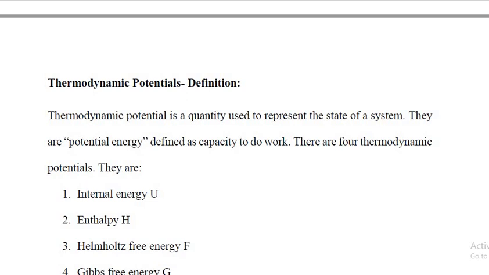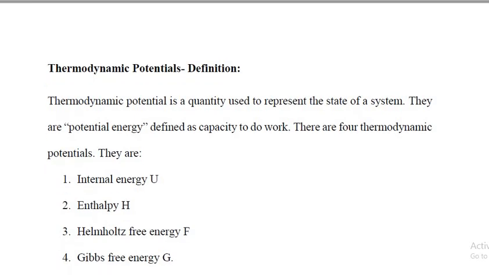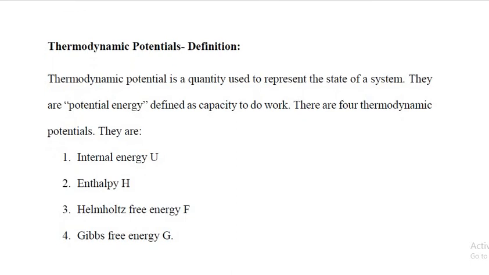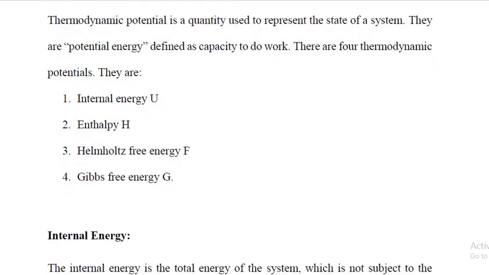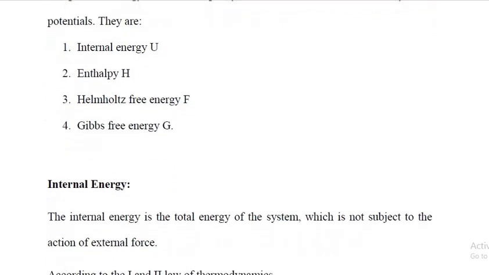They are the potential energy, defined as capacity to do work. There are 4 thermodynamic potentials. They are internal energy U, enthalpy H, Helmholtz free energy F, Gibbs free energy G. So we shall see one by one.